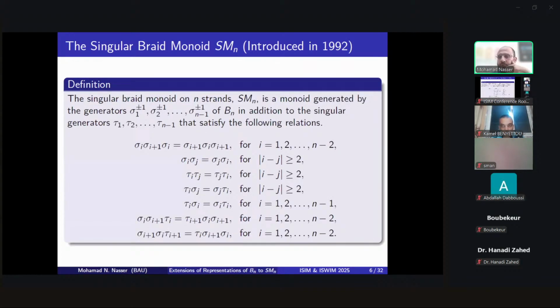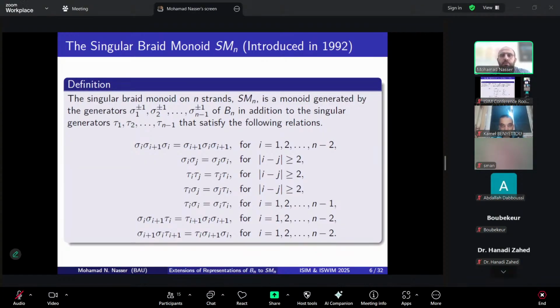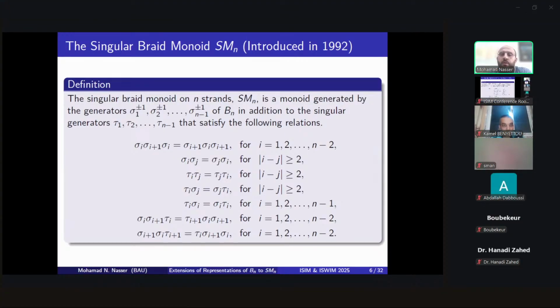Another algebraic structure that we want to talk about, which extends the braid group, is called the singular braid monoin, introduced in 1992. This is actually a monoid, so not every element in this algebraic structure is invertible. We have SMn as an extension of Bn.